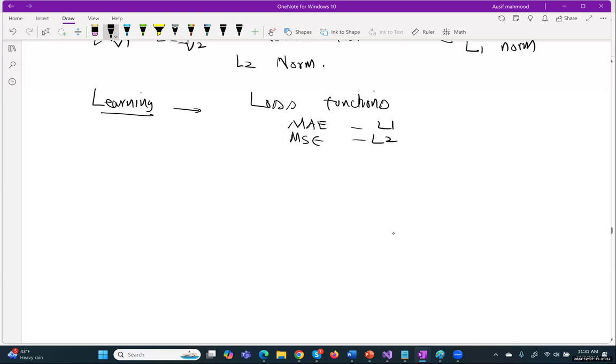We also have looked at cross entropy. And before the break, we looked at 2 losses. What were those? Contrastive loss and the triplet loss.